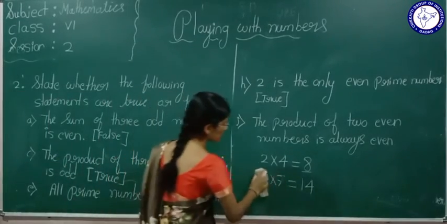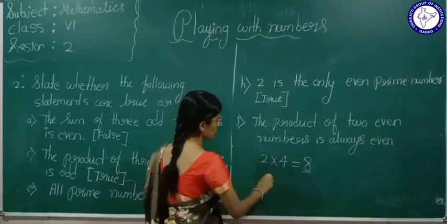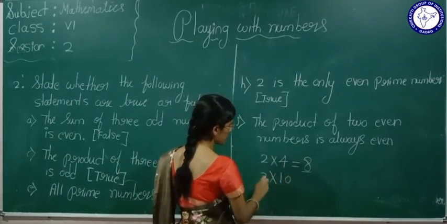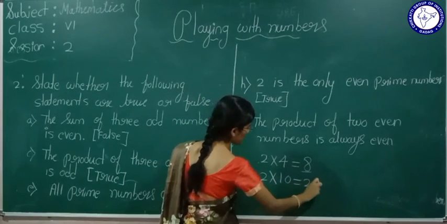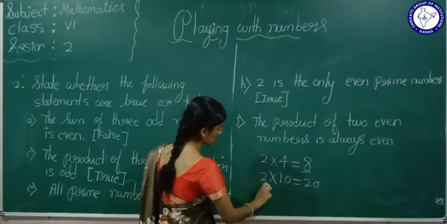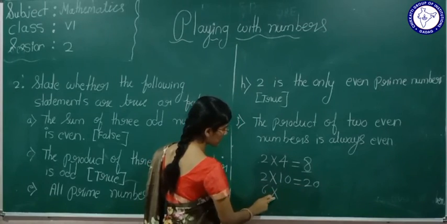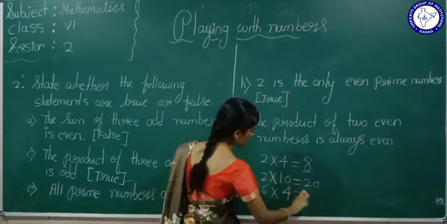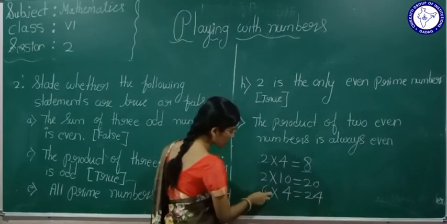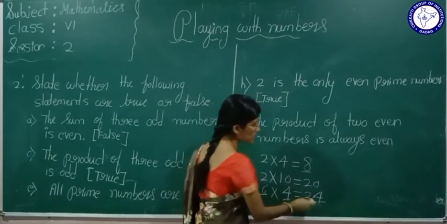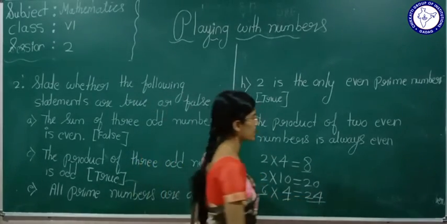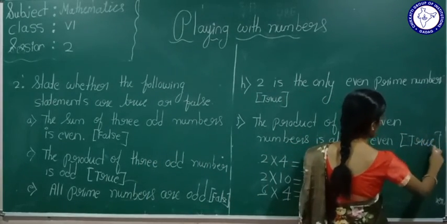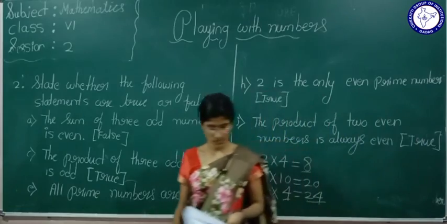Here 7 is not an even number. 2 multiplied by 10 is an even number. 2 tens are 20. 6 is an even number, right? 6 multiplied by 4. 4 is also an even number. 6 fours are 24. See, the product of two even numbers is always even. What can we tell about this statement? This is true.